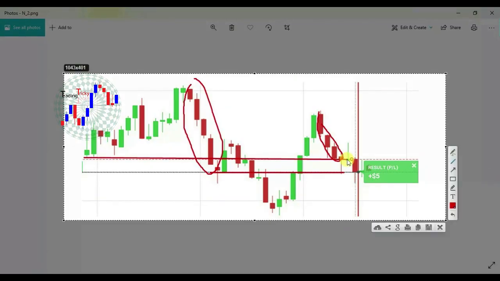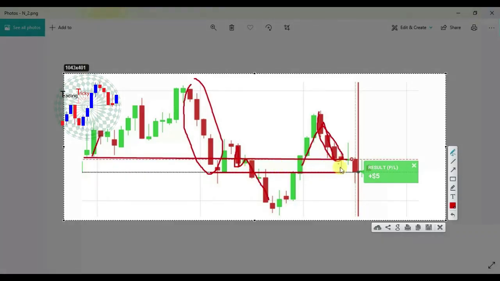This is a kind of SNR level: buyers' entry, breakout, retrace, the breakout candle, retrace candle, then sellers' entry. It means this is an SNR level, and this is a breakout. Again you can see sellers' entry and close at the level.